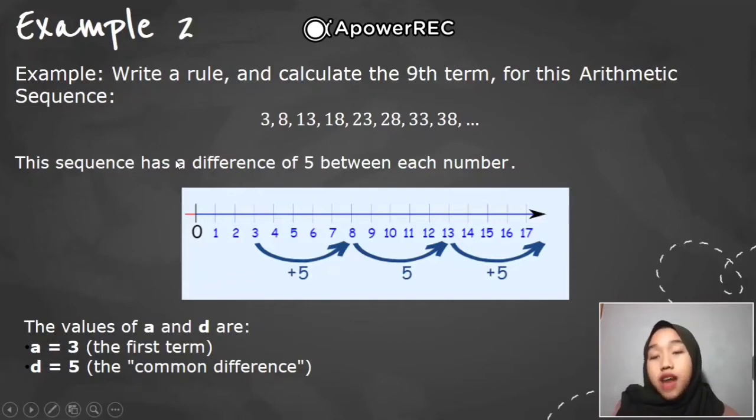This sequence has a difference of 5 between each number. 3 go to 8 is plus 5, and 13 go to 18 is plus 5. The value of a is 3 and d is 5, the common difference. So the common difference of the second example is 5.